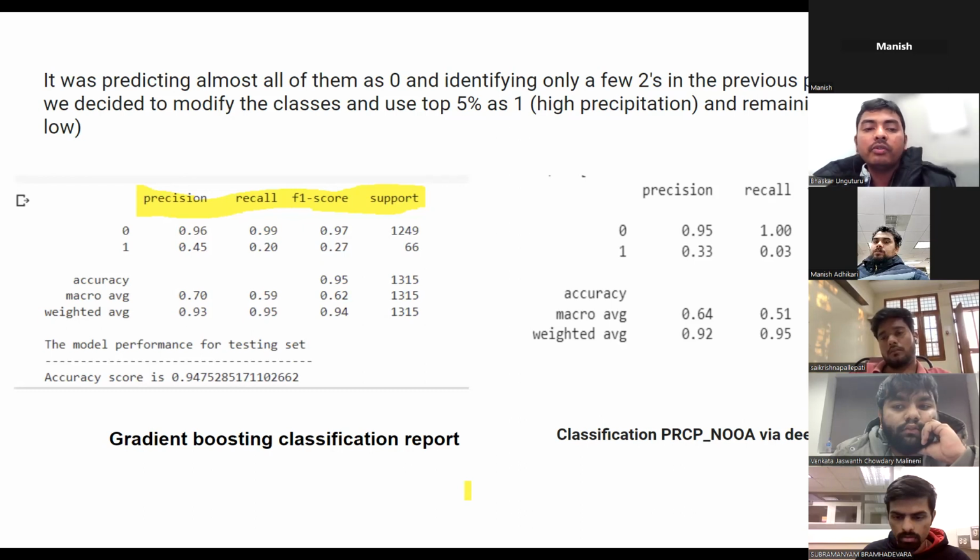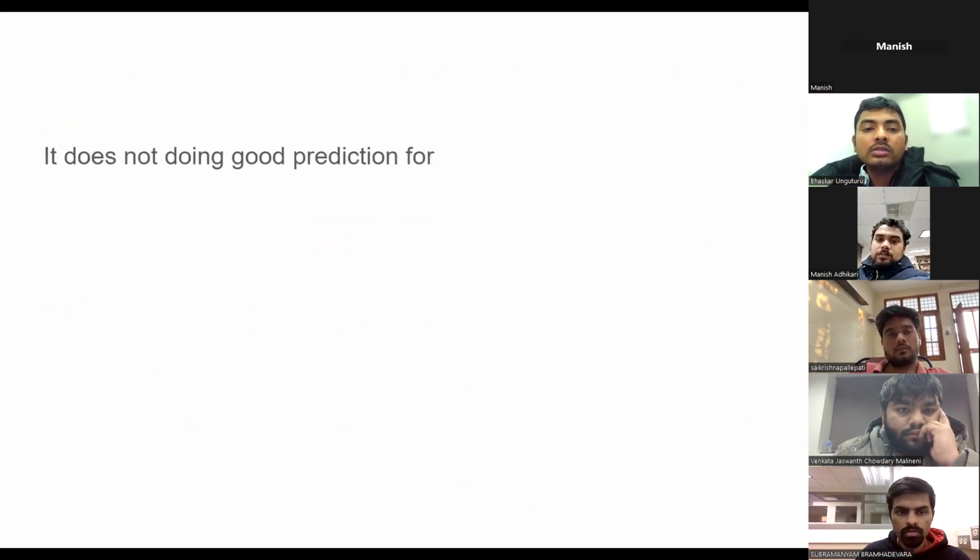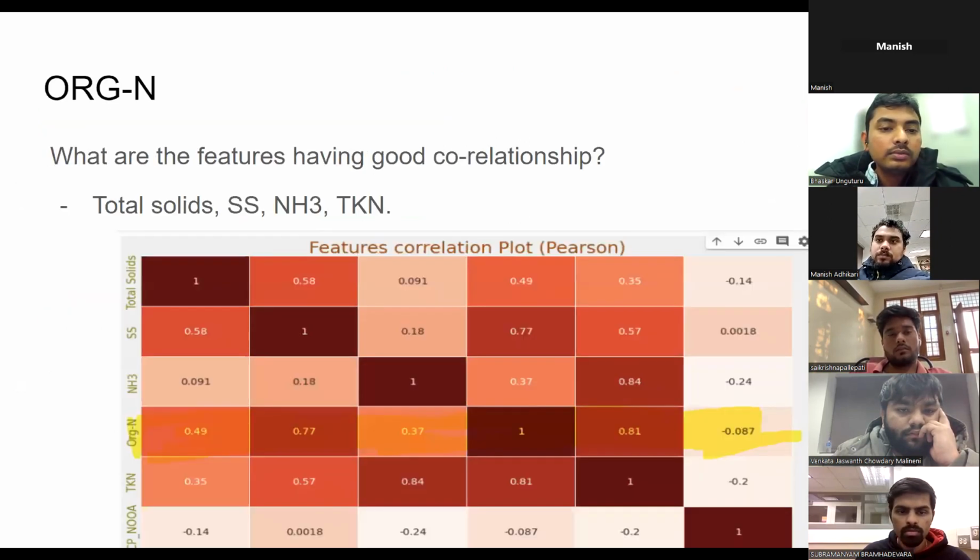We did not leave the feature; we tried our best to get the correlation with the other features, but because of the anomalous data and the minimal amount of 1s compared to zeros, it does not perform well. I'm handing this over to the next person.